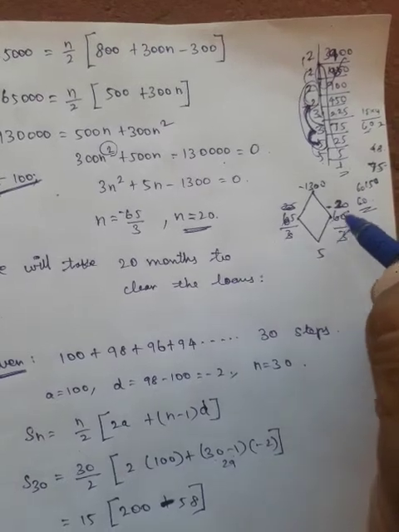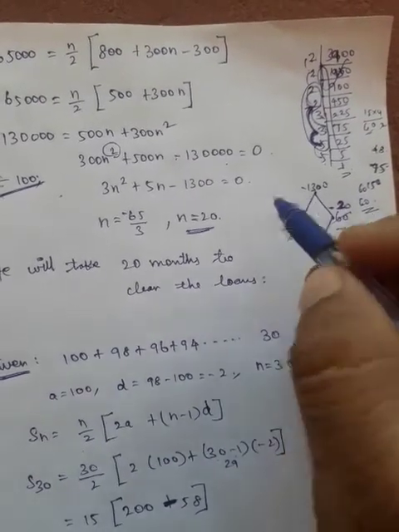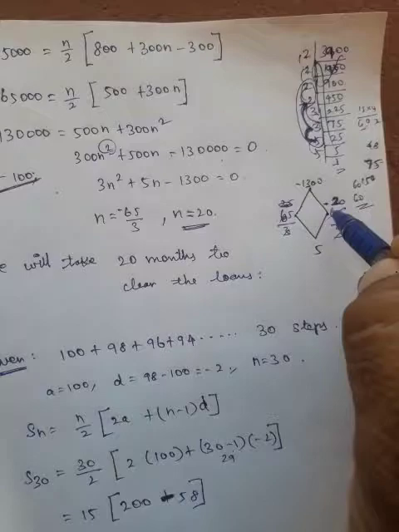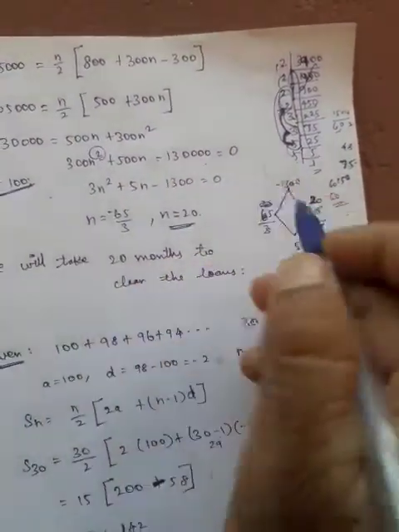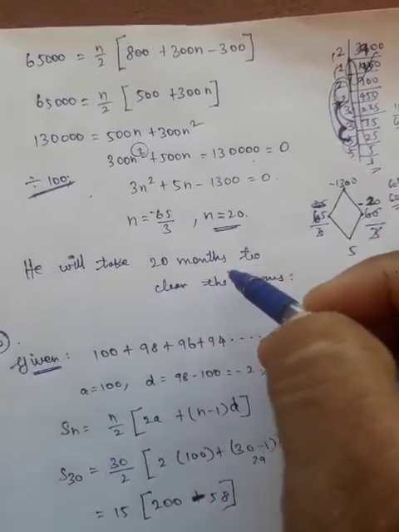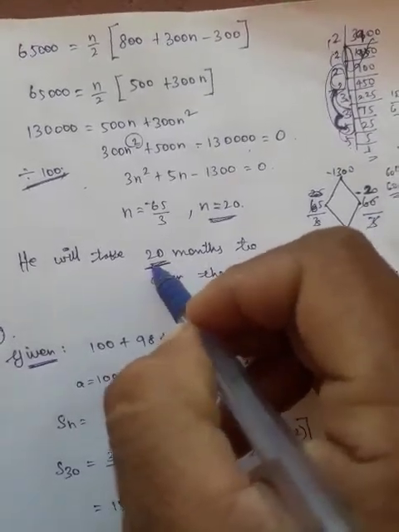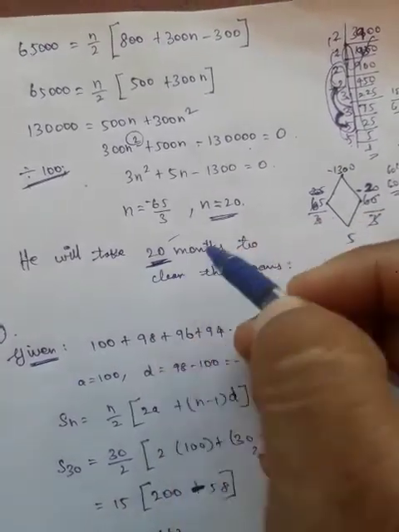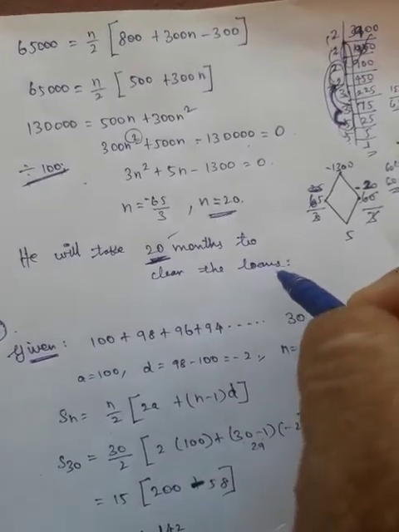If cancelled, we get this number minus 20. We take the positive value, so n equals 20. So he will take 20 months to clear his loan amount.